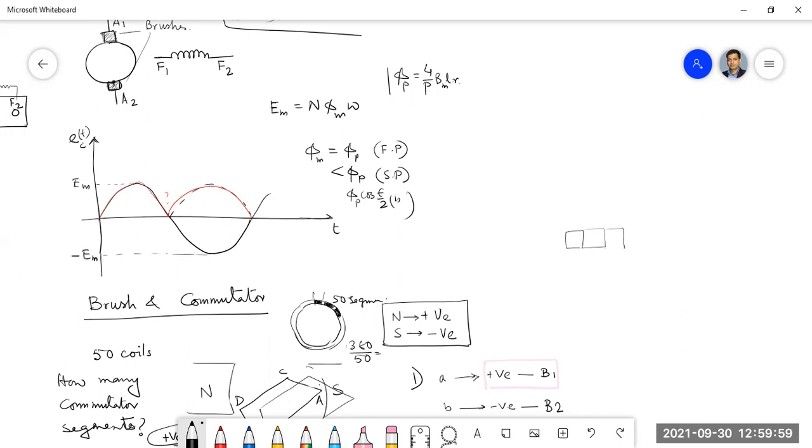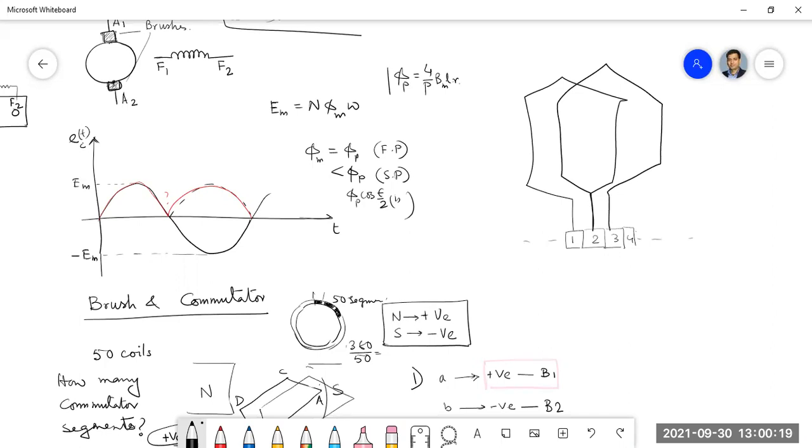So suppose this is the split ring, and one coil will be like this. It will end in 2. This will be the second coil, and it will end in 3. This is how we make the coils. So this is how we can explain that 50 coils will need 50 commutator segments.